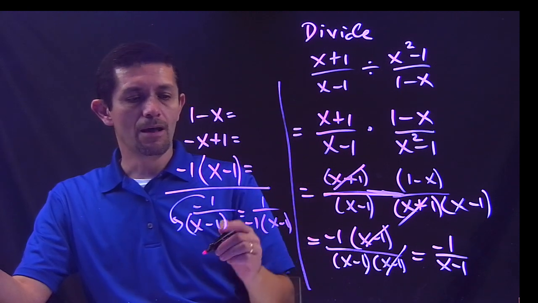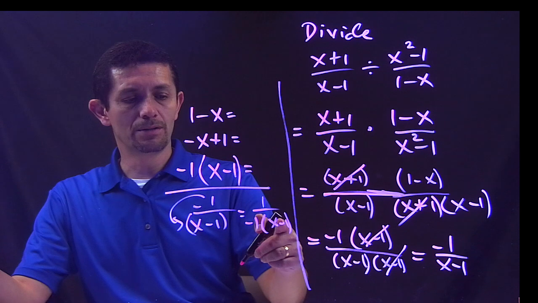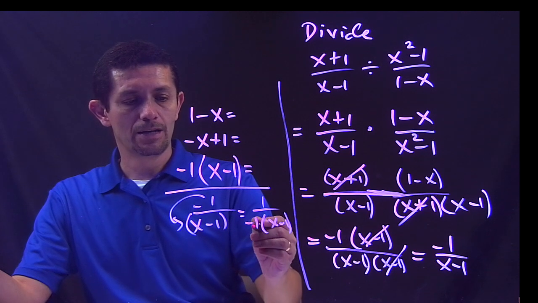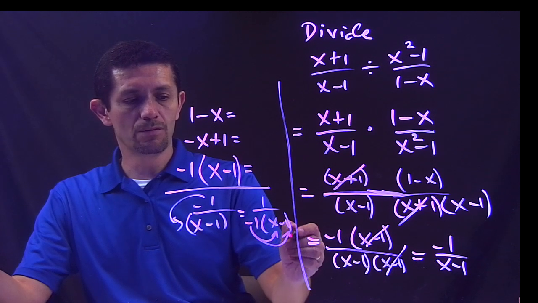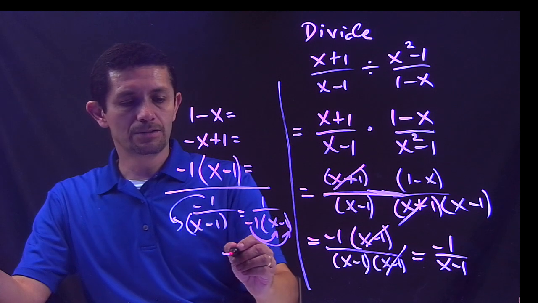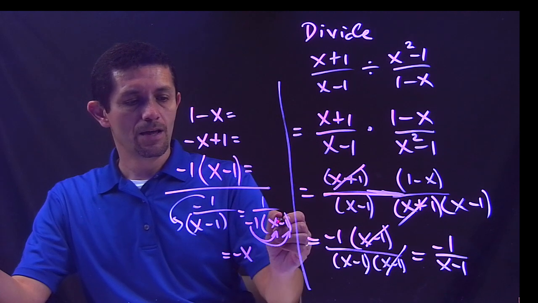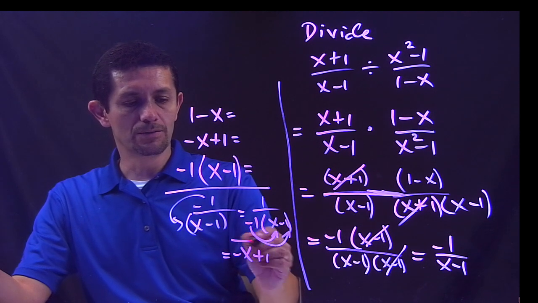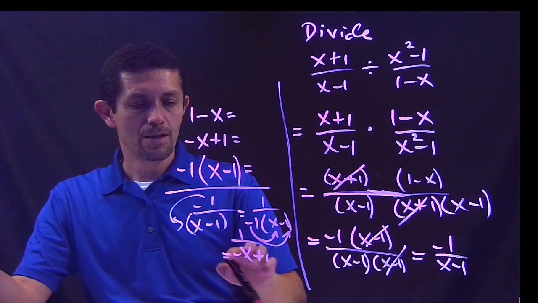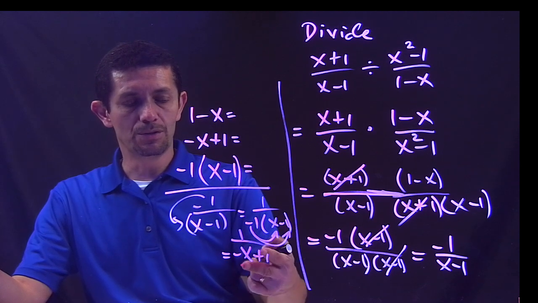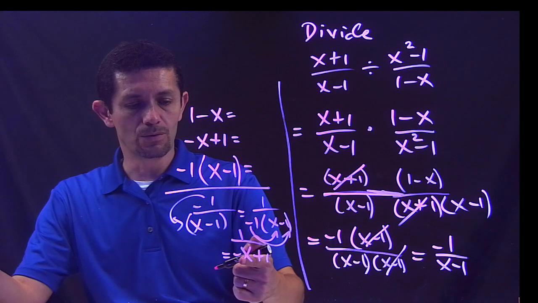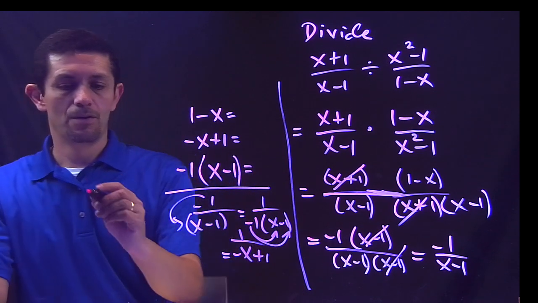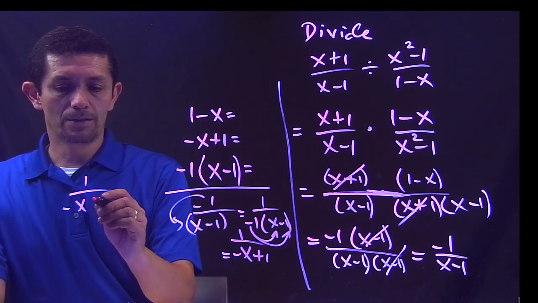Because I have a negative 1 in front of that parenthesis, I'm going to multiply that negative 1 times each one of them. The x is going to turn into negative, and the 1 is going to turn into positive. And the only thing I have to do is flip the order. So I have 1 over negative x plus 1.